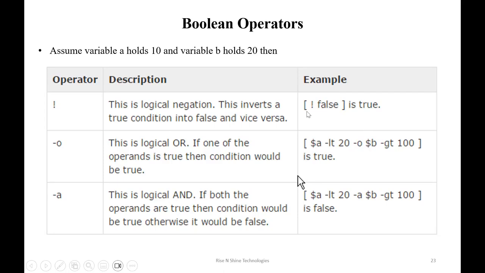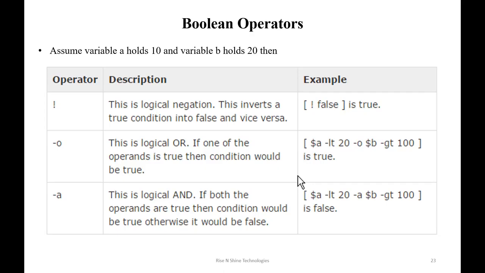Suppose I define this in the conditional statement, exclamatory, space, false. Then what is it going to become? This is going to become true. The inverse of false is true. Sometimes we will get some output, but we need to evaluate the reverse of that output.